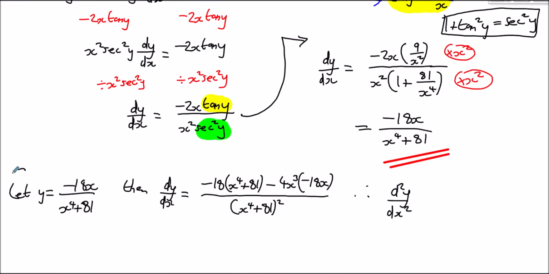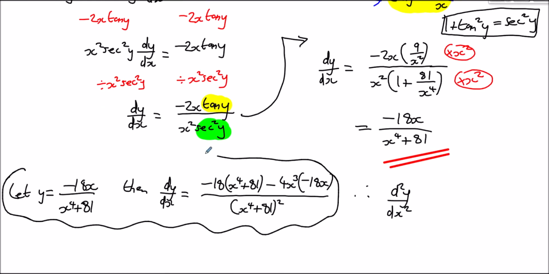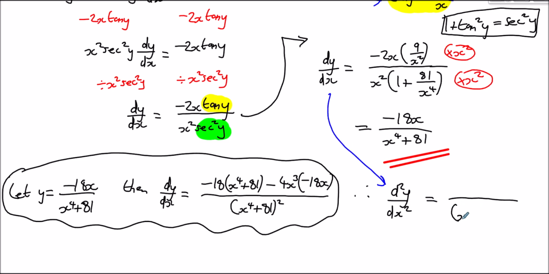So this is just in a little thought bubble almost. From dy by dx to d squared y over dx squared, I now know it's all this thing here. So I'm going to neaten it all up. So I've got x to the power 4 plus 81 squared at the top, minus 18x to the 4, then minus 4 times minus 18 is plus 72.